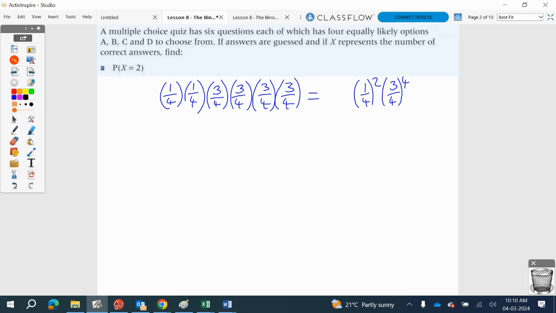How many different combinations are there? If I need to get 2 from a total of 6, how many combinations are there? Did you do this last year? Combinations? How do we pick 2 from 6?